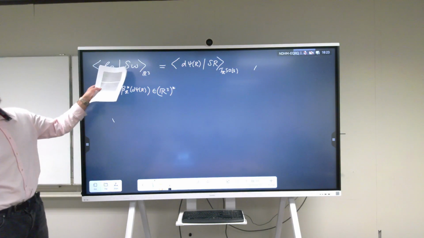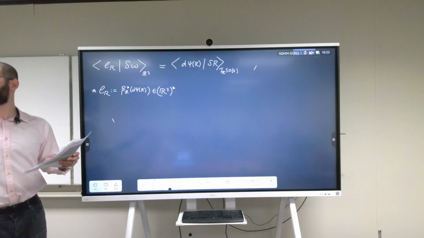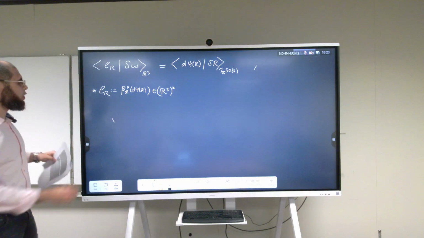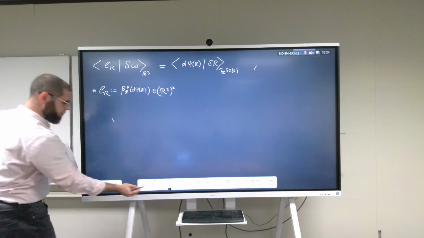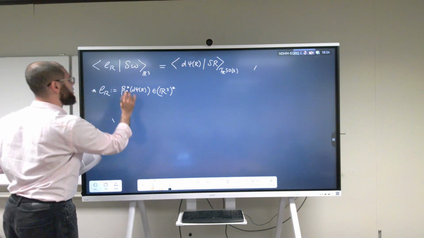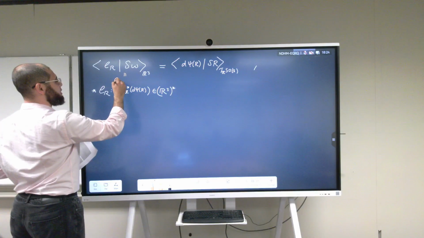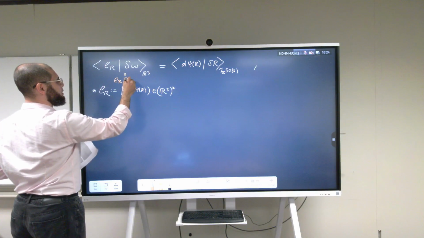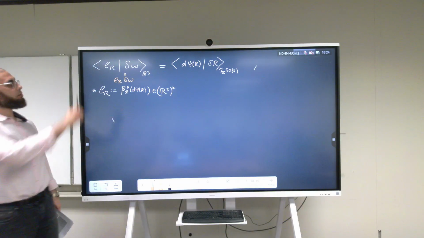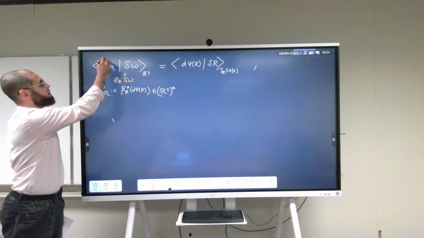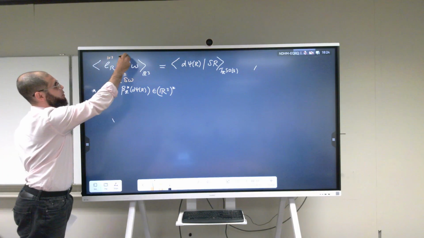If you tell me how the pairing of this one looks, we can try to guess it. So the pairing of this side is simply equivalent to ER delta omega, because it's R3. This is just a 1 by 3 vector, and this is a 3 by 1 vector.